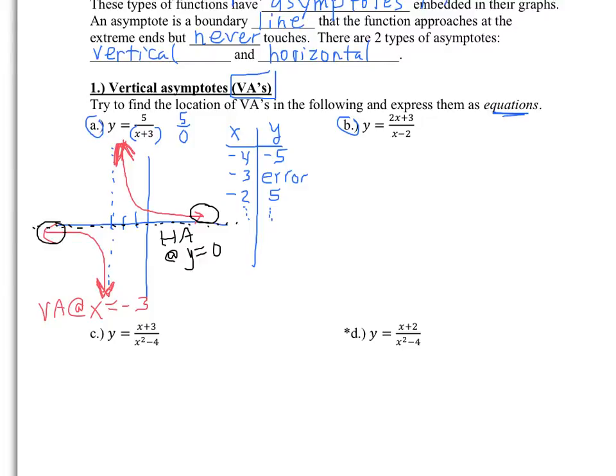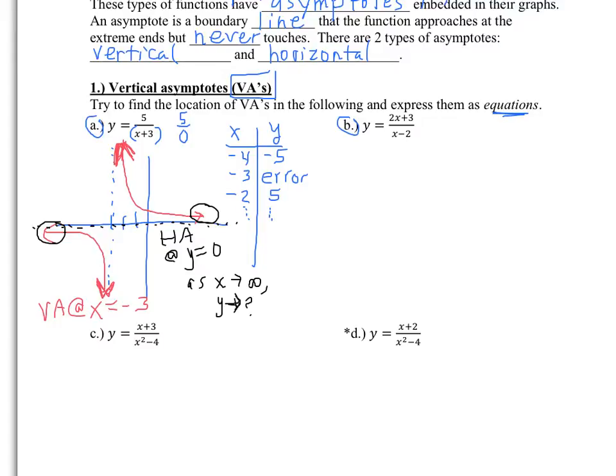Okay, so the idea behind a horizontal asymptote is if we were to try to figure out what's happening to y as x gets really big. So as x approaches infinity, what is happening to y? So arrow to the right means we're approaching it.